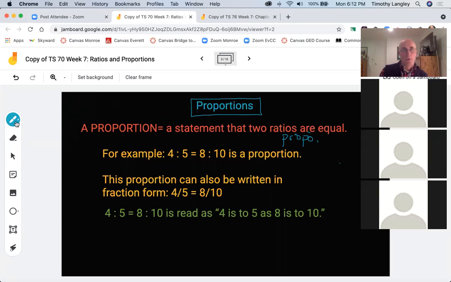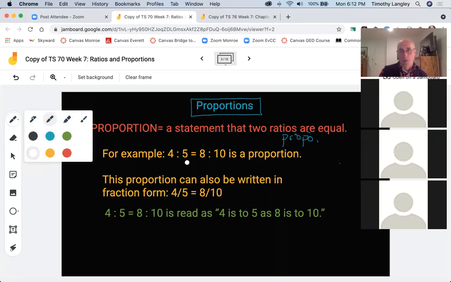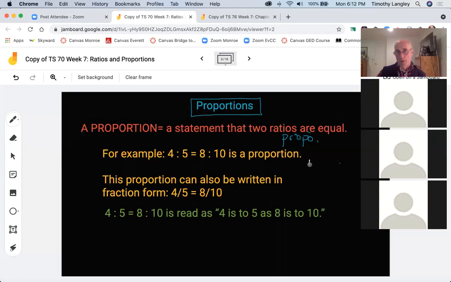For example, we've got the proportion in this case, 4 to 5 equals the ratio 8 to 10. That's a proportion. And I want to give you a simpler example that will probably help in your notes. The ratio of 1 to 2 is equal to the ratio of 2 to 4, okay?